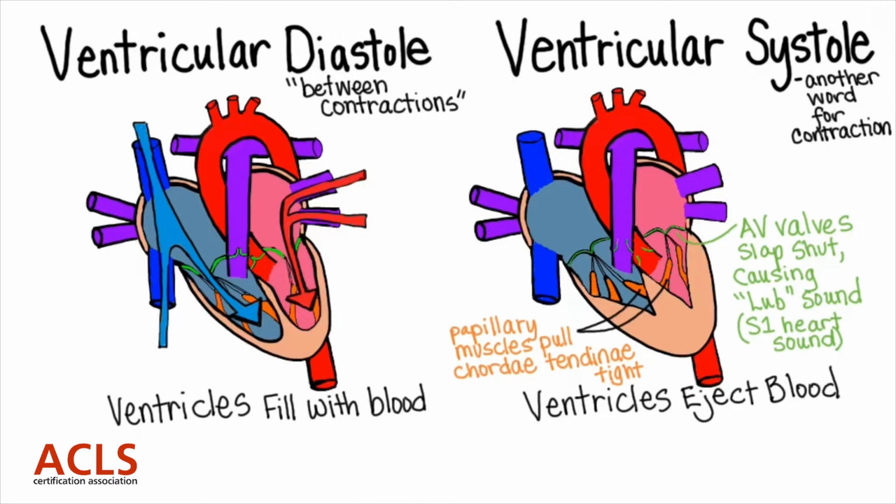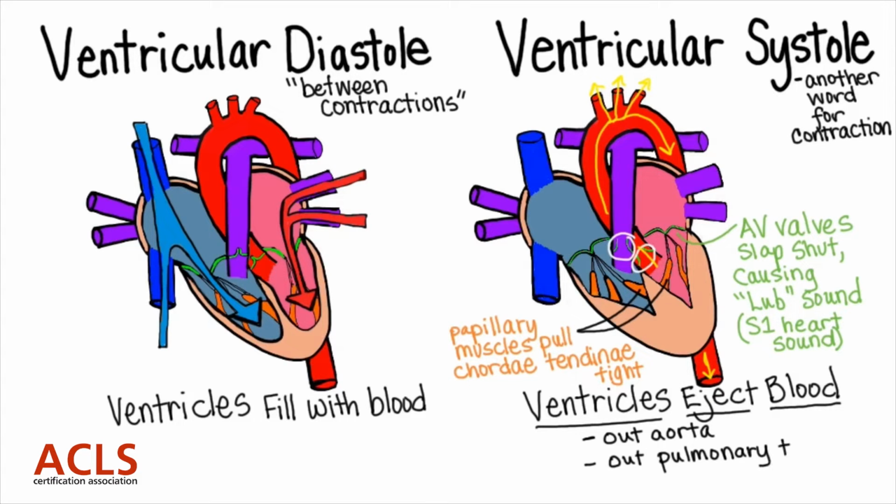Finally, the ventricles build up enough pressure to open the semilunar valves of the great arteries, and then the ventricles eject their blood. The left ventricle ejects its blood out the aorta, whereas the right ventricle ejects its blood out the pulmonary trunk.